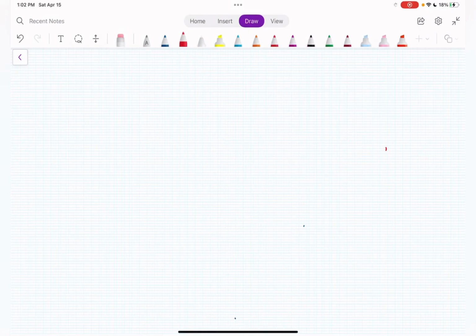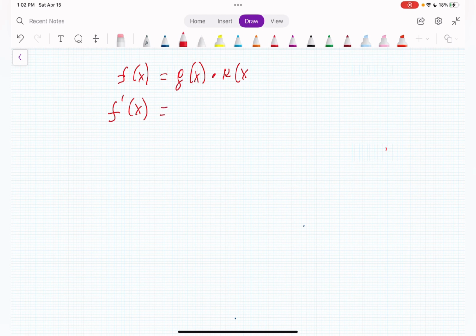What is the derivative of product rule? If we have f of x equal g of x times, let's say, k of x, then f prime of x, the derivative, is equal to g prime x times k of x, and then plus k prime of x times g of x.